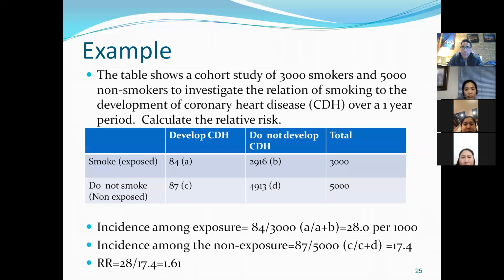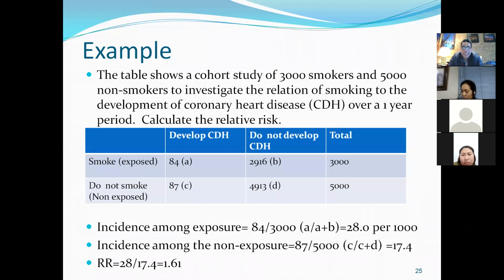But you convert it by multiplying by 1,000, which equals 28. Okay? That's where we get the number 28, because for the relative risk we're using per 1,000 as the unit.